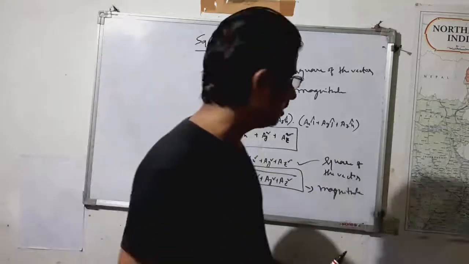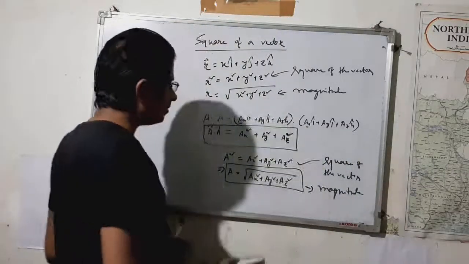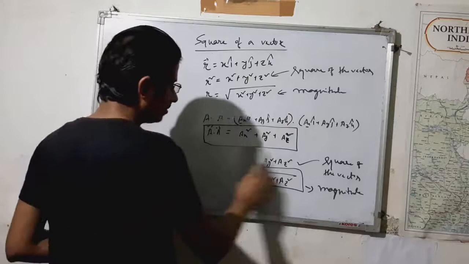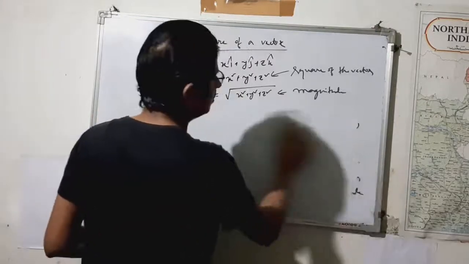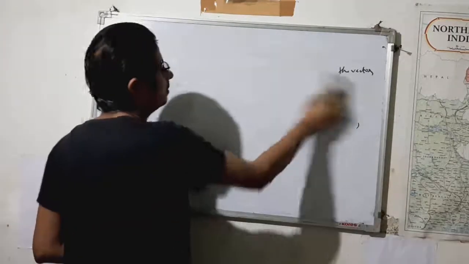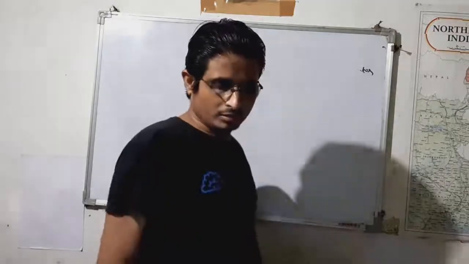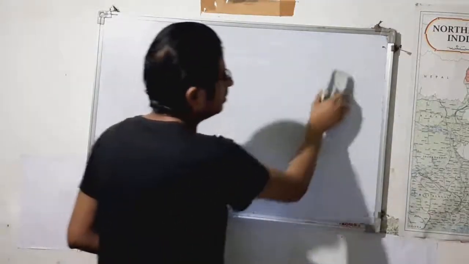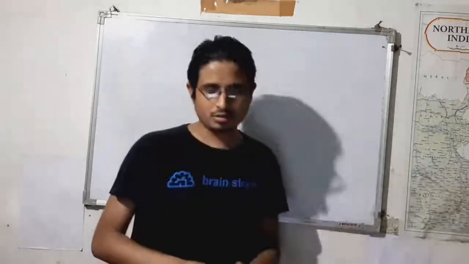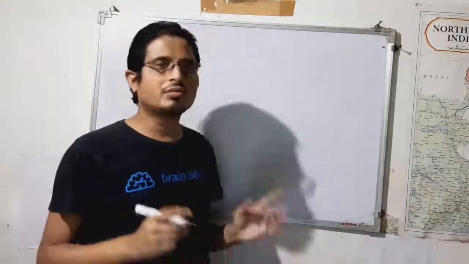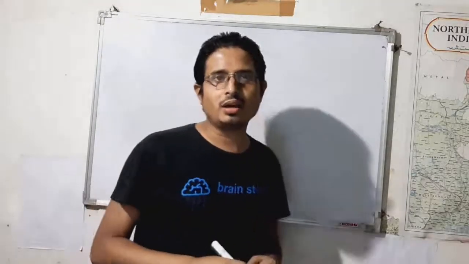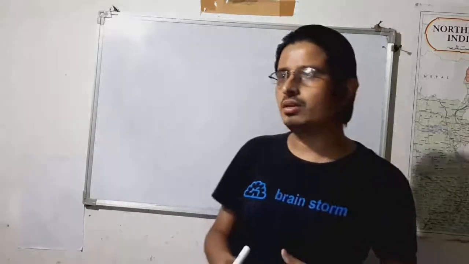Okay. Now we have learned square of a vector and also learned how we can calculate magnitude of a vector if we know the components of those vectors.